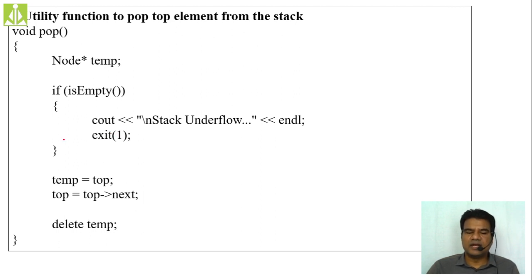If your stack is not empty, take one temporary pointer and make it point to top, then top equals top's next, and delete the temporary pointer. Like this you can pop the element from your stack.